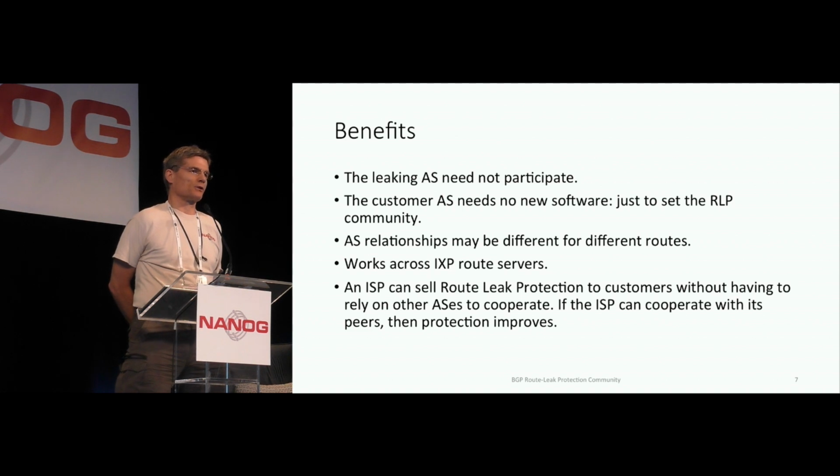In a regular community, you can only say this one is my transit, but it has to be a 16-bit AS. So in that case, the customer writes into a community, these are my transits, and then the ISPs will pass that along amongst each other.